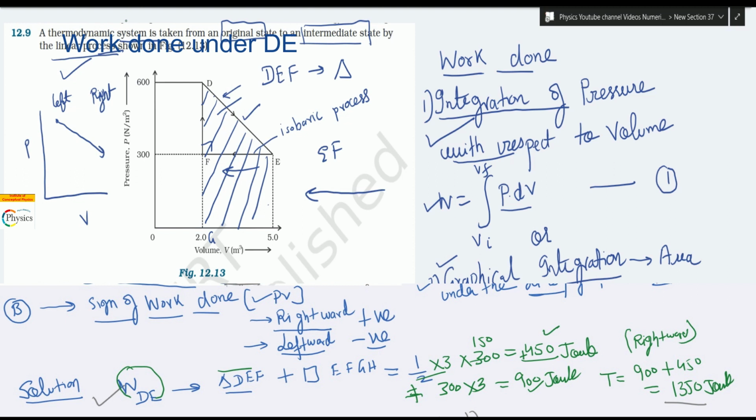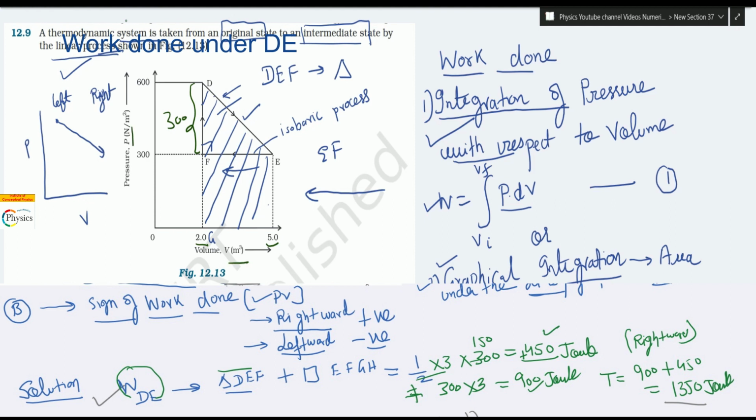It's 5 minus 2, so the base is 3. Half base into height, and the height is this much, 300 to 600, so the height of the triangle is 300. Half times 3 times 300 is equal to 450. It is Newton times volume, so this is 450 joules.